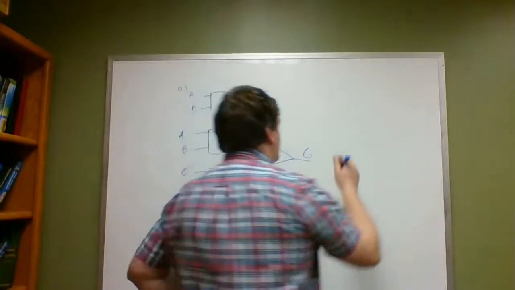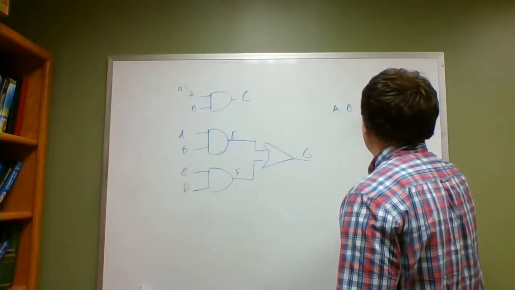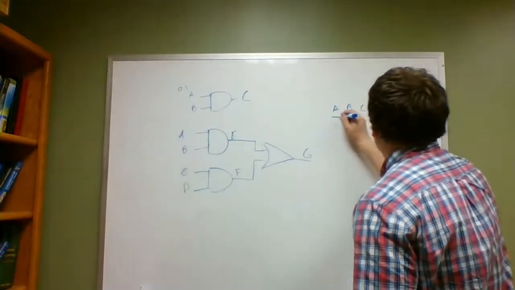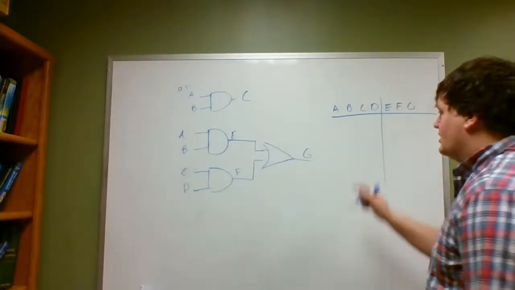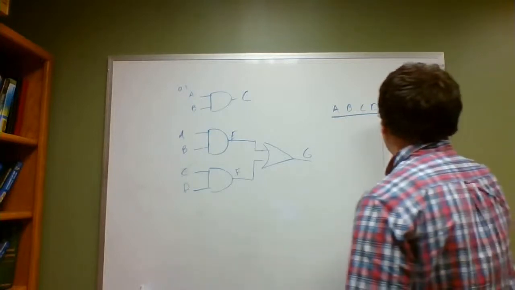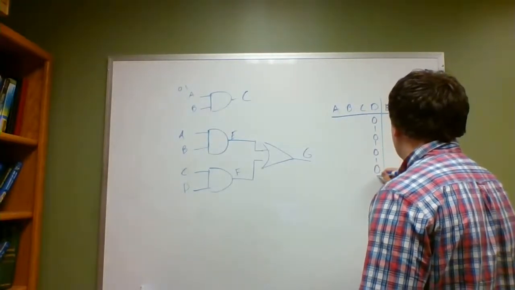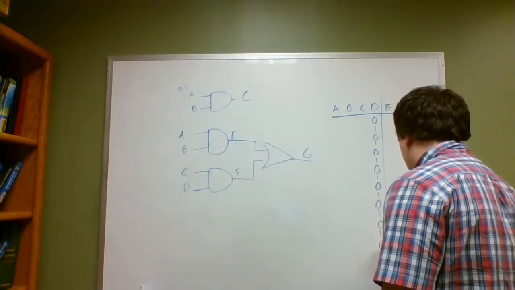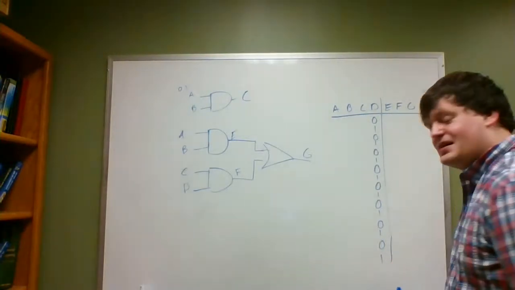Okay? So if I'm going to draw my truth table, A, B, C, D, E, F, G. Here, A, B, C, and D are my inputs. I have 4 inputs, so I'm going to have 16 entries in this table. 0, 1, 1, and 0, 1. Okay. You can see that.